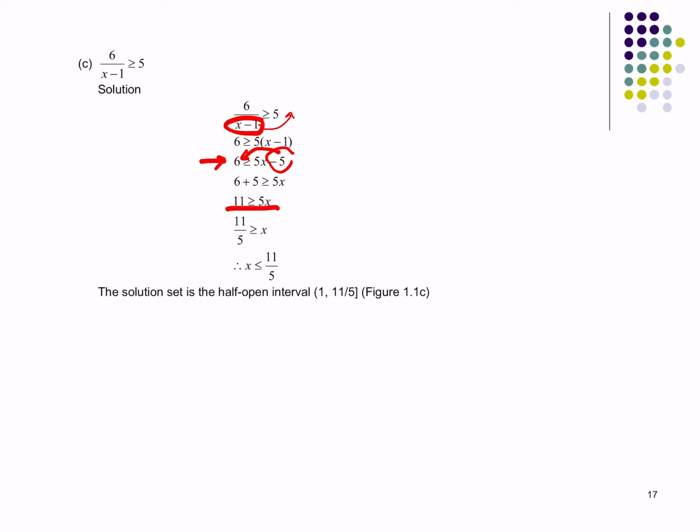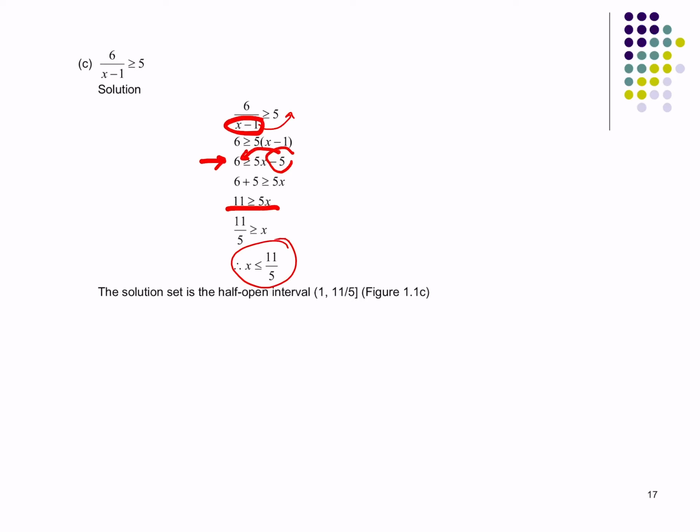Then you move 5 to be divided by 11, so the value of x must be less than or equal to 11 by 5. So that is the value for x. So 11 by 5 will be included in the interval, or included in the set, okay? And the value of x is less than or equal to 11 by 5.